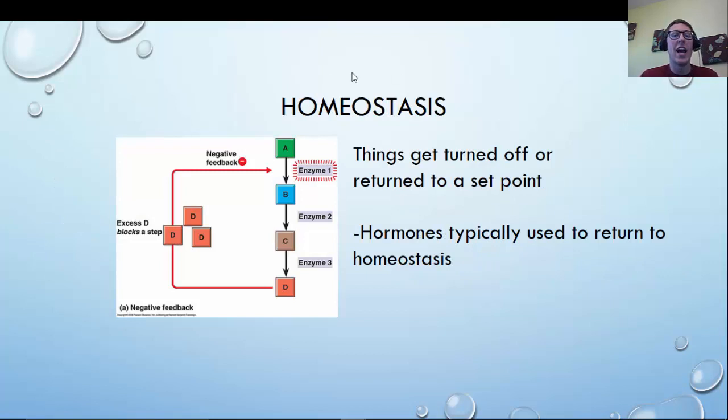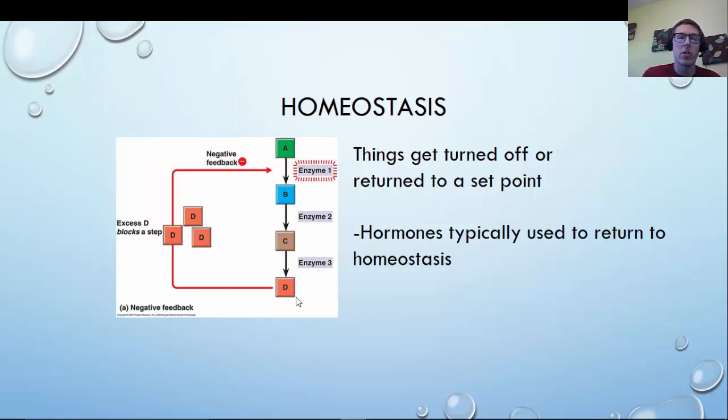Homeostasis, just think about homeostasis. That's returning to normal. If you have too much of something, it needs to return to a normal set point. At a molecular level, if you make something and that activates an enzyme, which activates another enzyme, which makes something, which activates another enzyme, in that signaling, the last product is probably going to block a step earlier.